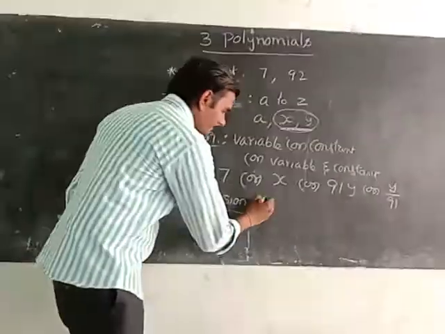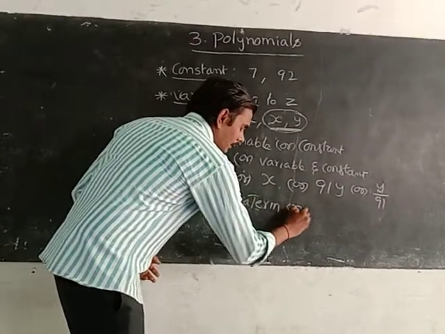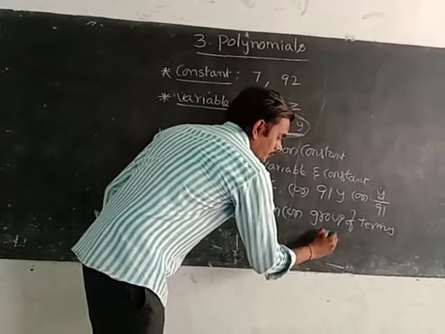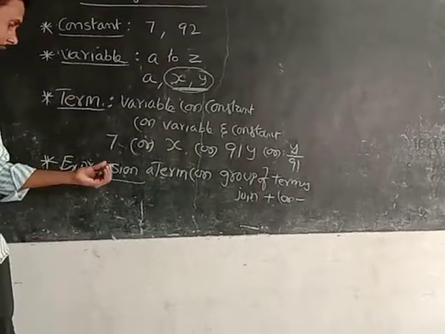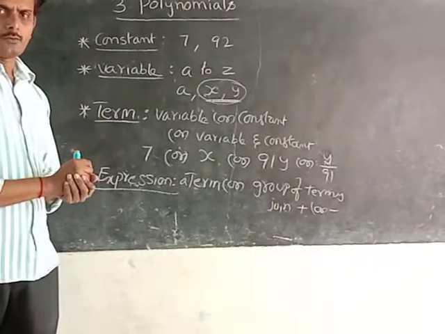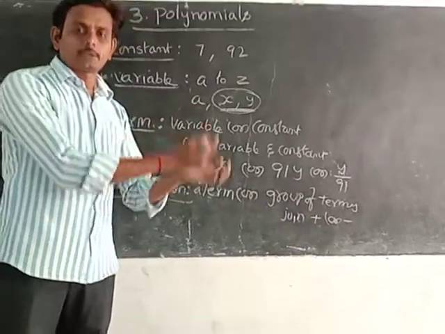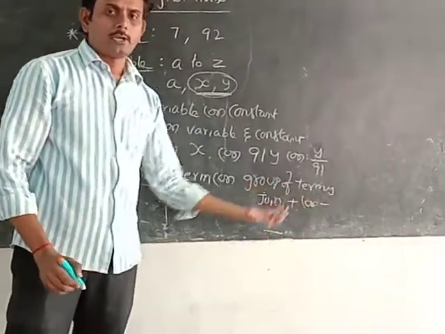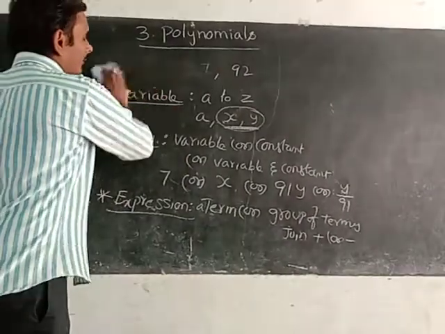A term alone, or a group of terms, that means more than one term, joined by plus or minus, is called the expression. These are basics related to algebra; the same will be considered for polynomials also. Now we will consider the polynomial.